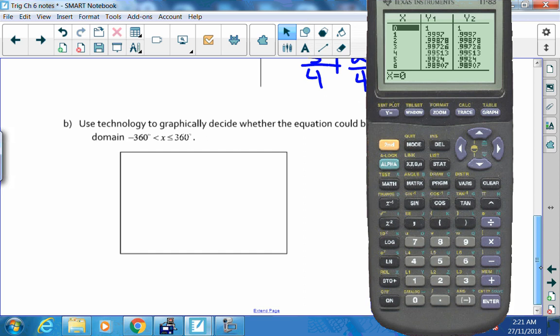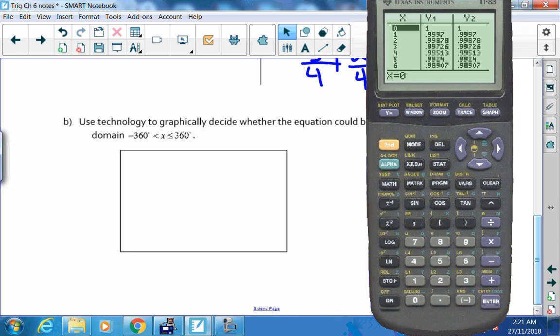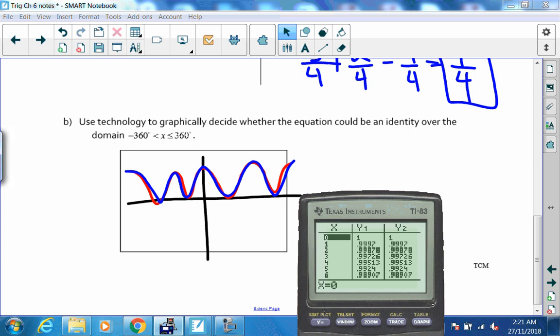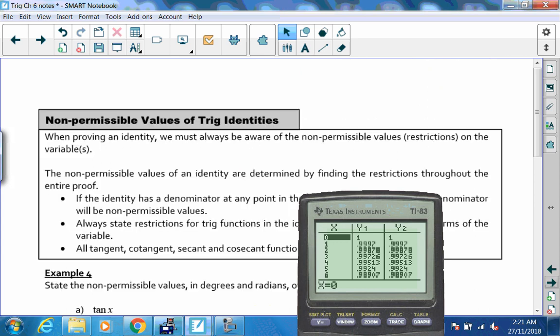It's not a formal proof until we can algebraically demonstrate it. But again, this is going to look something like this. And then the other curve did the same thing. And that's a pretty strong indication that something is an identity, even if we haven't yet proved it.